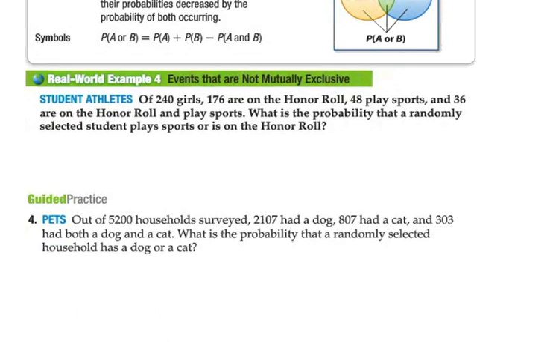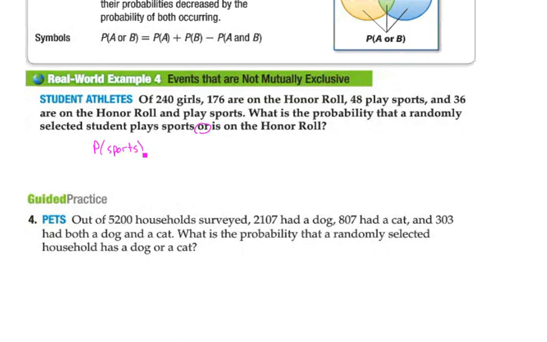So let's look at their real world example. It says of 240 girls, 176 are on the honor roll, 48 play sports, and 36 are on the honor roll and play sports. What's the probability that a randomly selected student plays sports or is on the honor roll? Okay, they do say the word or in here, so that means that we have to look at the probability of sports, that they're in sports.